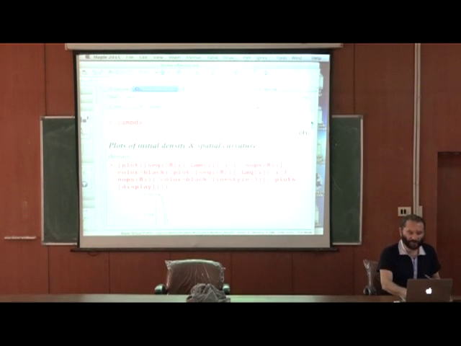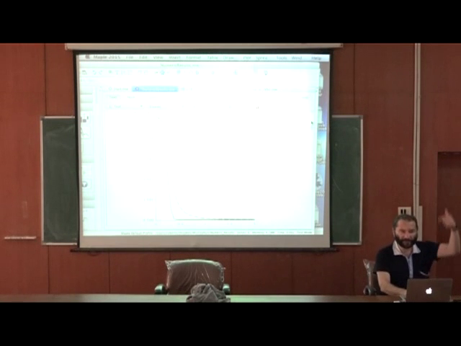And then we start plotting things. These are the plots of the initial conditions. This is the plot of the local and quasi-local density. The local density is the thick curve, and the quasi-local density is the dotted curve, both of which I can obtain from the initial conditions.